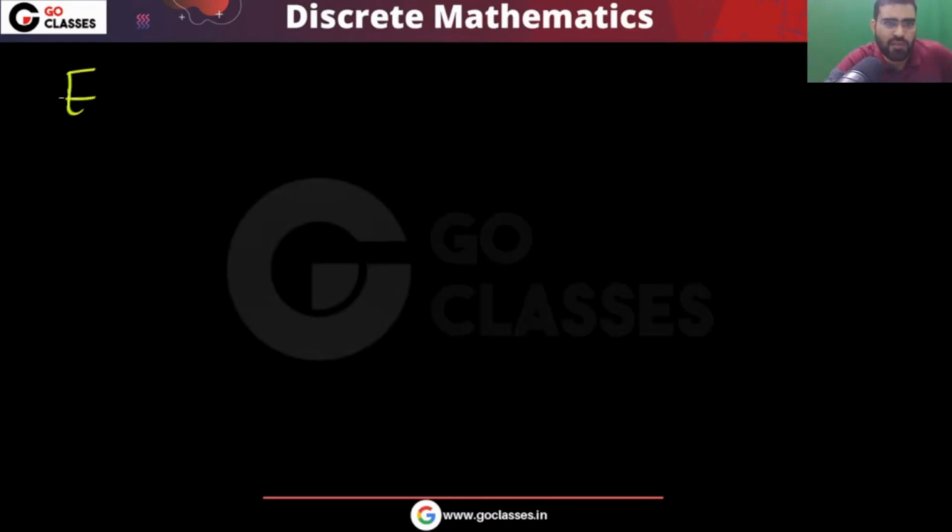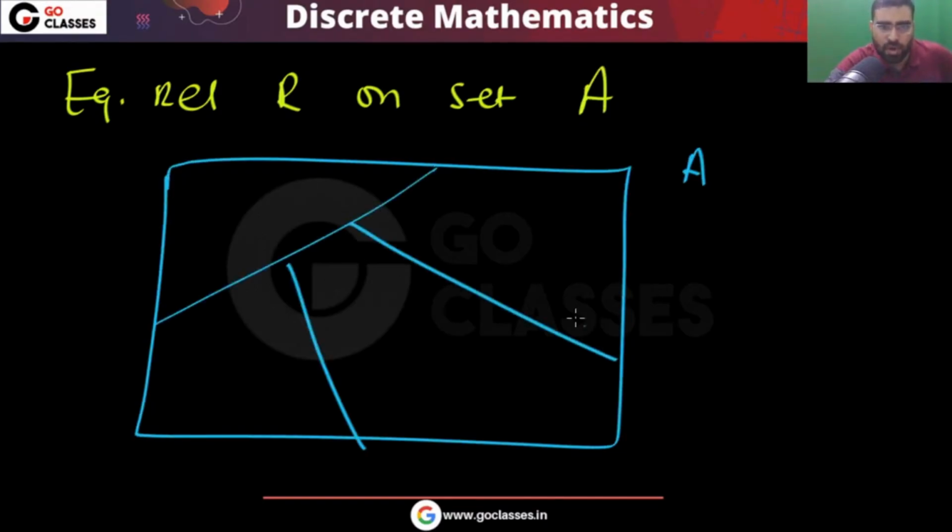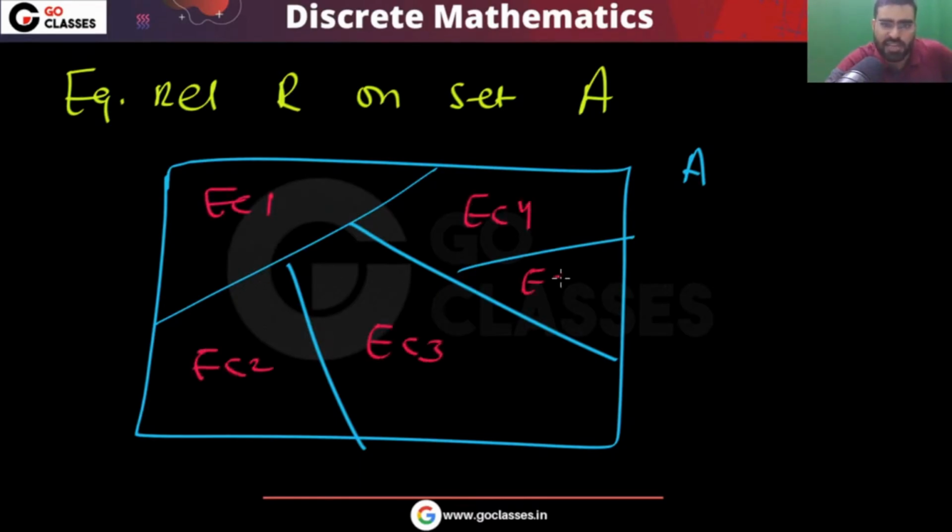Whenever you have an equivalence relation R on set A, this will happen. This is your set A. It will partition into some parts. The number of parts can be finite or infinite, but you can notice these are the equivalence classes. This is equivalence class 1, equivalence class 2, equivalence class 3, equivalence class 4, equivalence class 5, and so on.